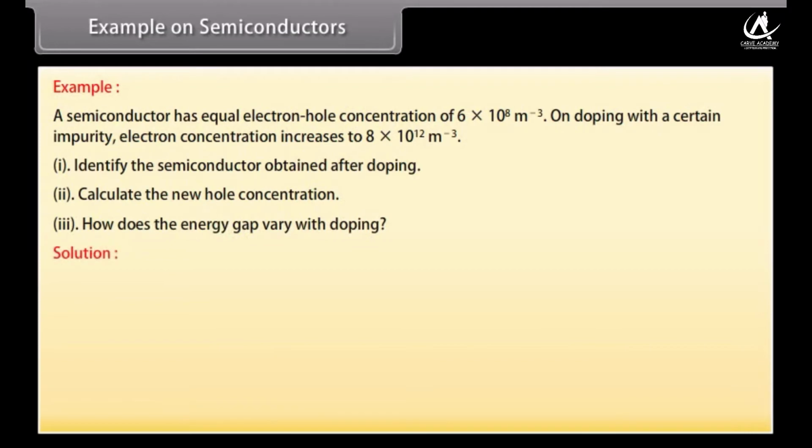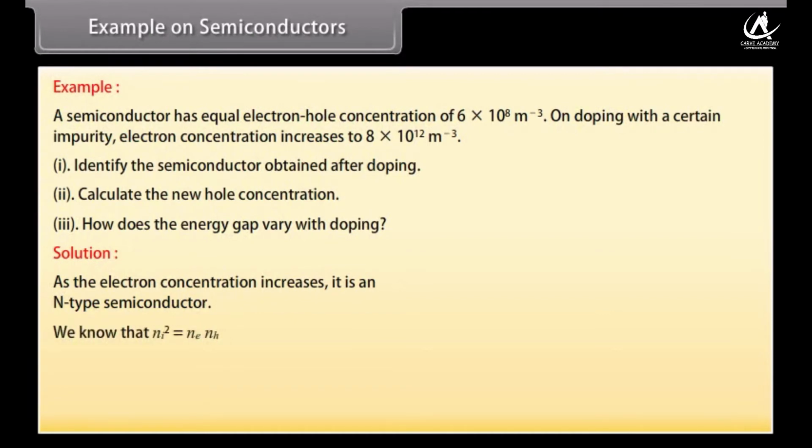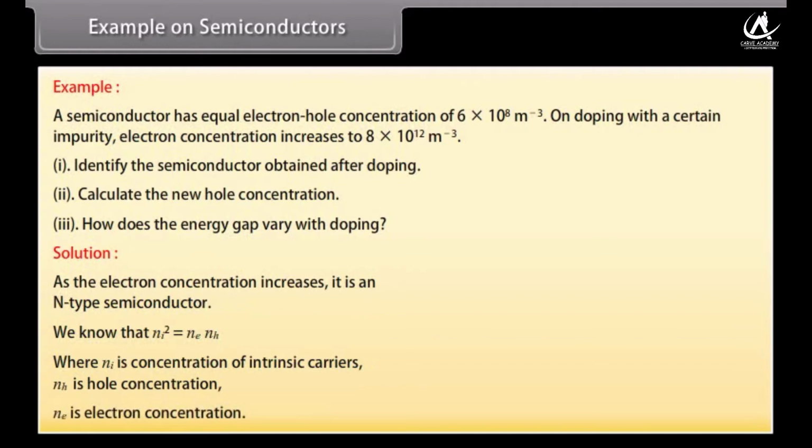Let's see the solution. As the electron concentration increases, it is an N-type semiconductor. We know that Ni square is equal to the product of Ne and Nh, where Ni is the concentration of intrinsic carriers, Nh is hole concentration, and Ne is electron concentration.